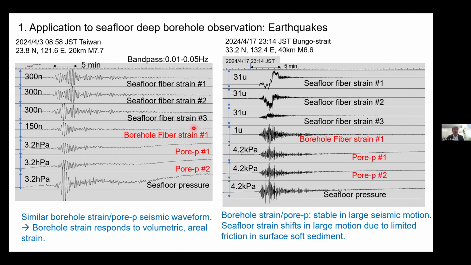On the right is the response to another large earthquake, this time closer to the observatory in the Bungo Strait. In this case, the seafloor strain records were distorted due to strong motion in the soft sediment on the seafloor. However, the borehole clearly recorded the earthquake, demonstrating the very wide dynamic range of the borehole fiber strain observations.